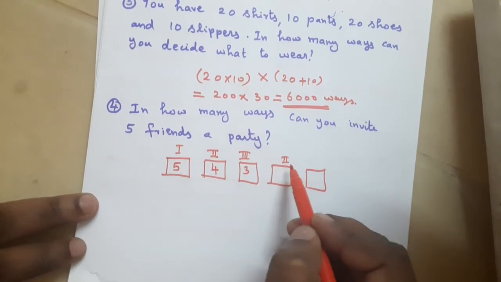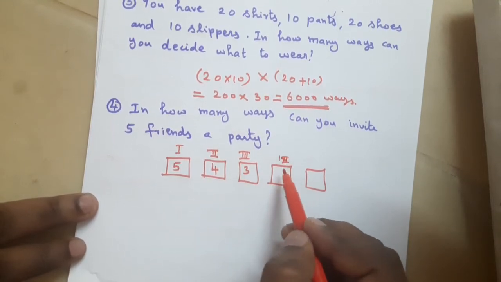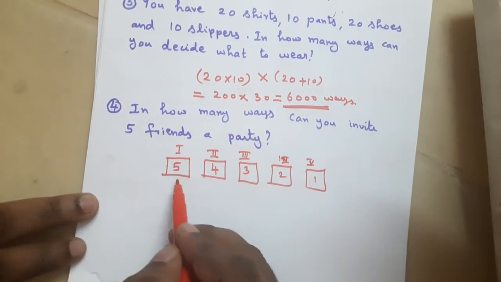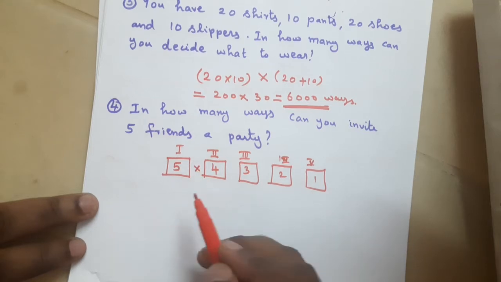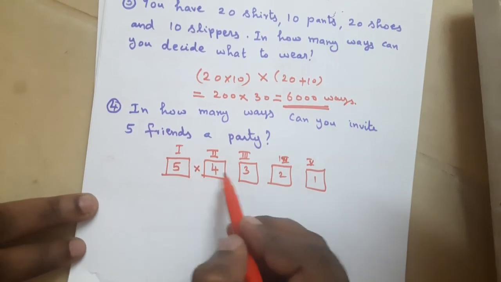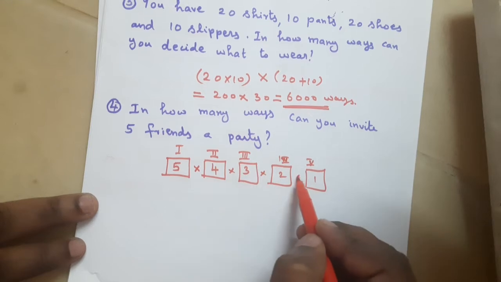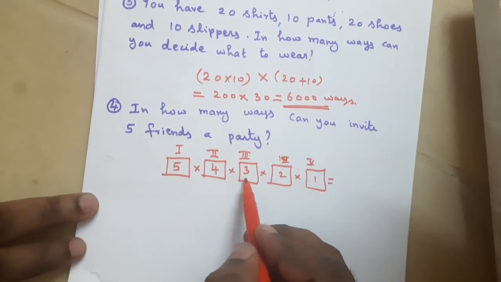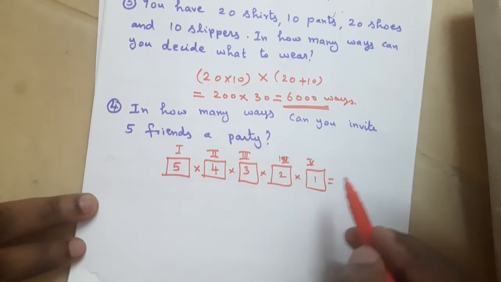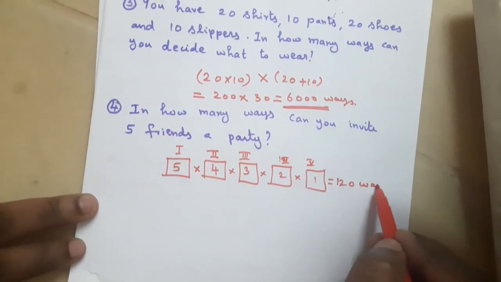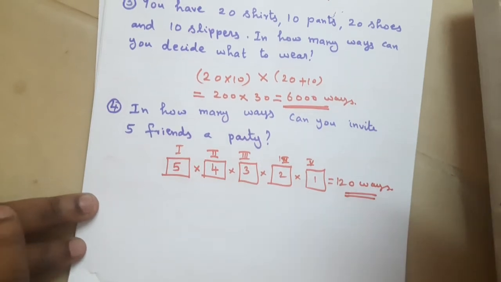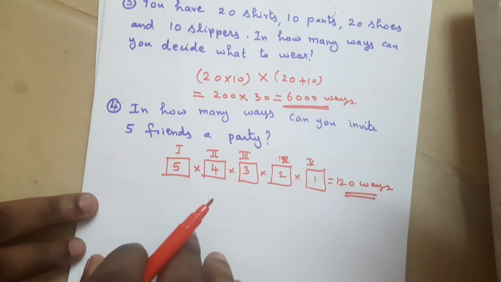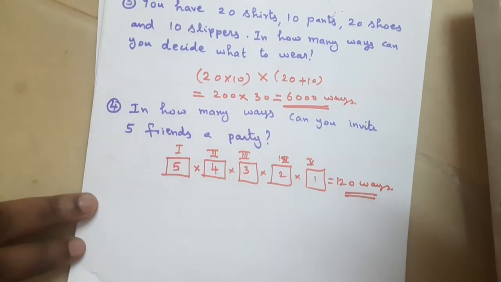In fourth, 2, and last is 1. Here we use the word and, so we multiply: 5 into 4 into 3 into 2 into 1, which is 120 ways. So we can invite 5 friends to a party in 120 ways.